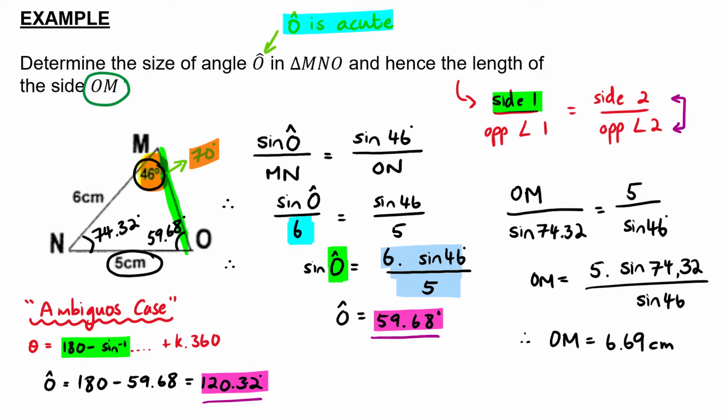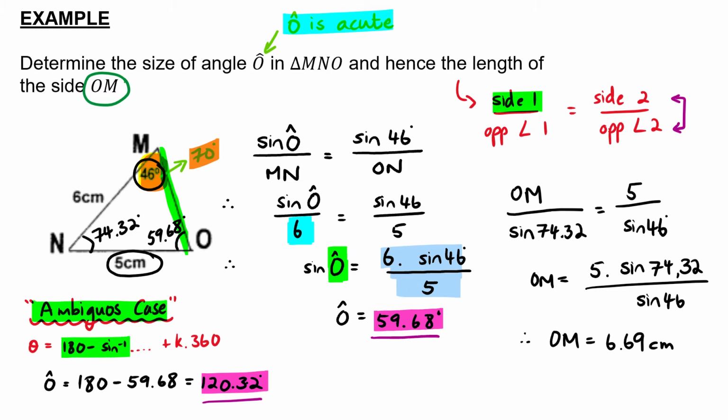So in this example, we've not only looked at how to find the angle when dealing with the sine rule, but we've also looked at how to find a side, and we've discussed this ambiguous case which we're left with because of that general solution where we have that 180 minus present. And so just remember, whenever you're dealing with the sine rule, you firstly check that your conditions are fulfilled. You always start off by writing what you are looking for.